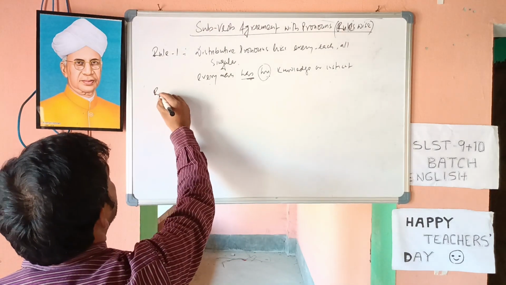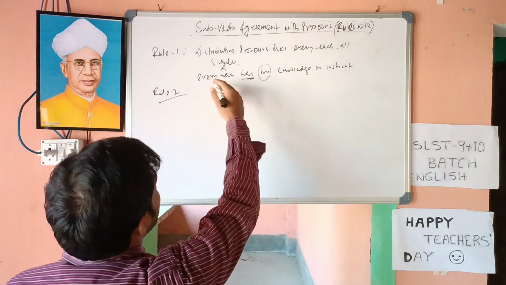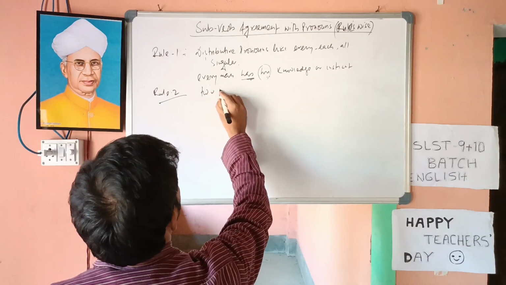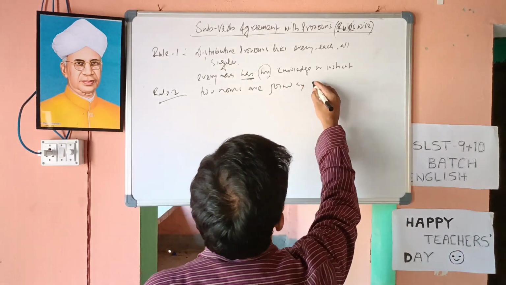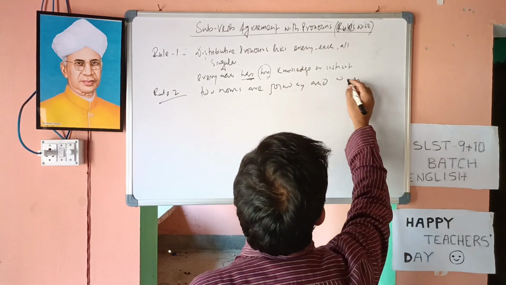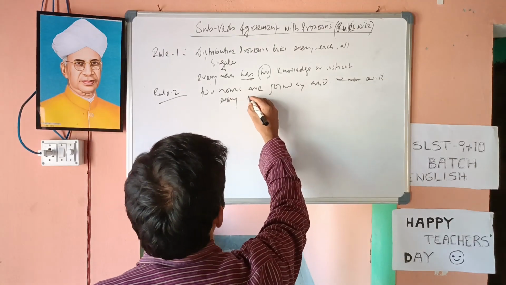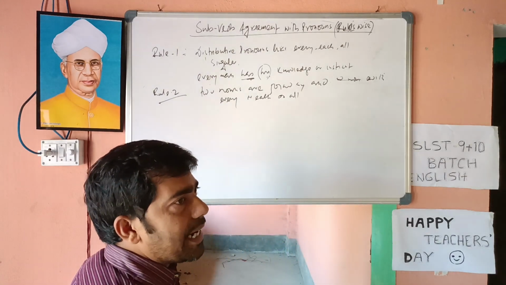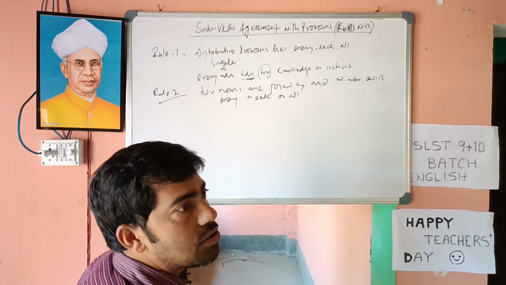Rule 2. If two nouns are joined by and, and the nouns are preceded by every, each or all, then the sentence will be taken as singular.